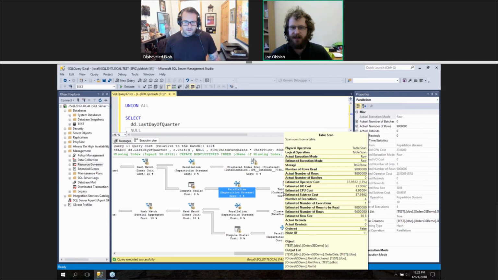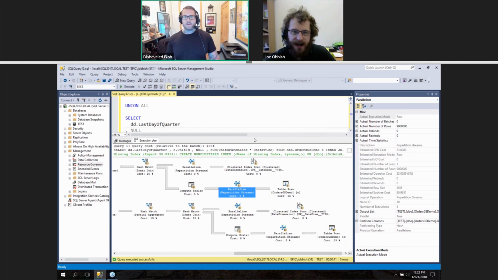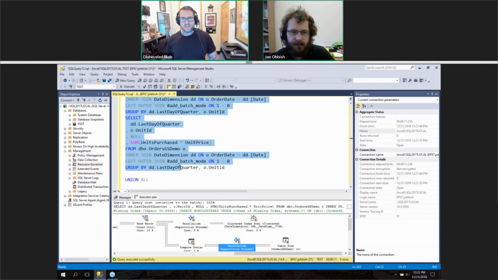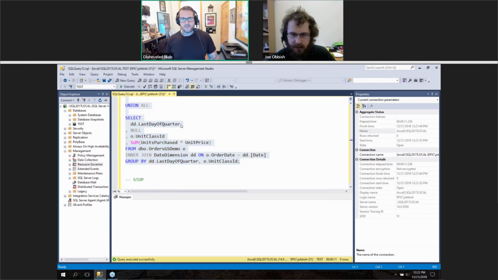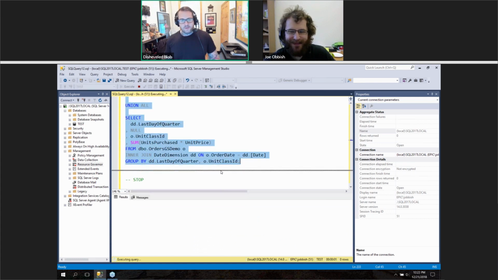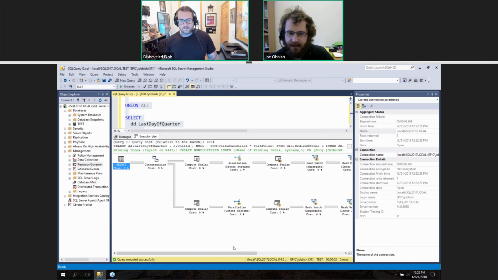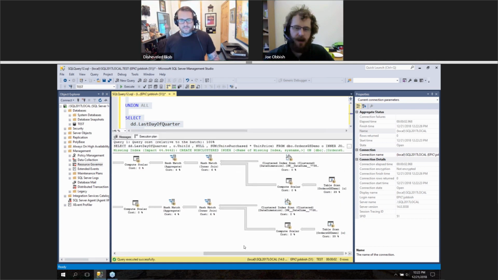I got rid of my empty CCI. So why not add batch mode back, right? The repartition streams, the middle part of the query plan, are bad. 2 seconds. Whoo. No longer any repartition streams.